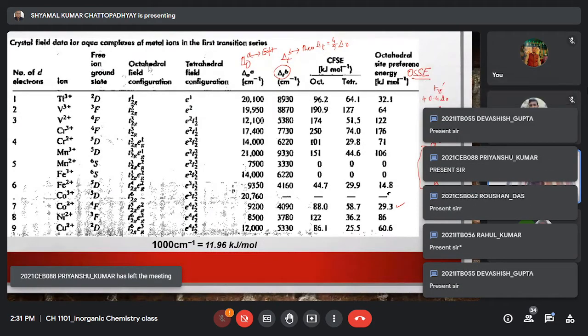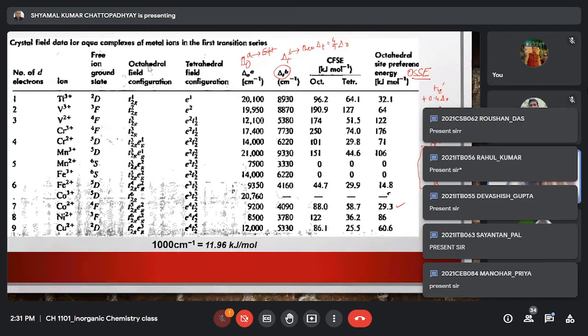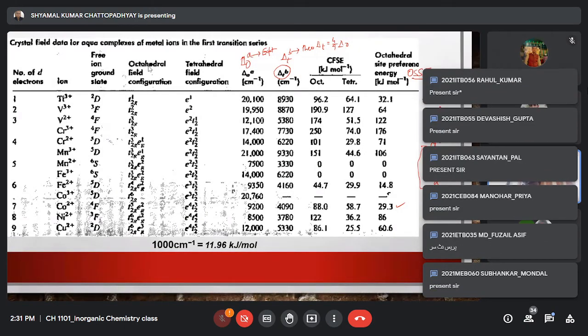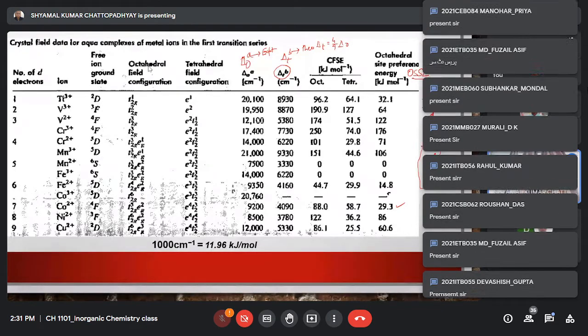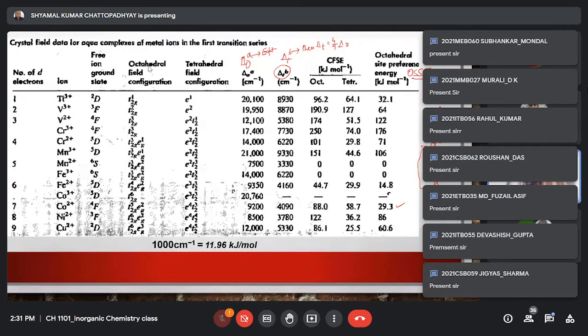Invariably, octahedral stabilization energy is positive because always octahedral complexes are more stable thermodynamically than tetrahedral complexes, but the degree of stability varies from d1 to d9, right?